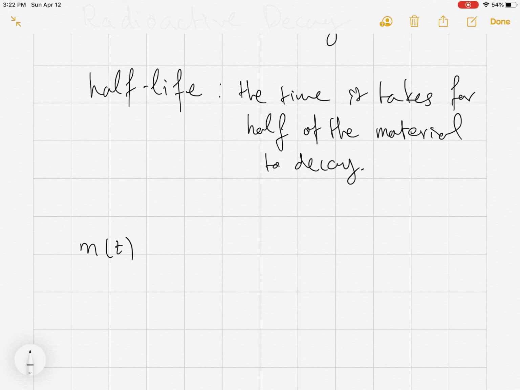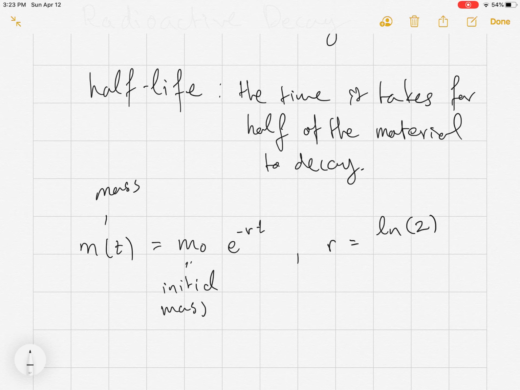So we take our M of t, which is going to be our mass at time t, that will be equal to our initial mass, and then we'll multiply that by e to the power of negative R T, oh, I'm sorry, it's not supposed to be an H. That is a T. In this case, our R is going to be equal to the natural log of 2 divided by H, where H is the half-life of our material.